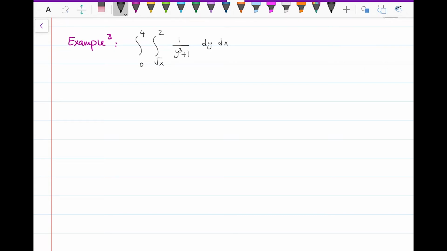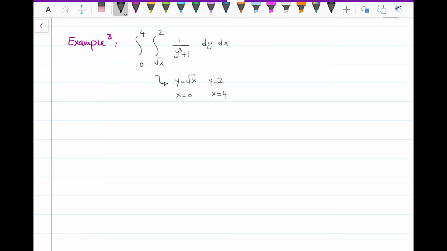Okay, first we need to find the region R. To find that, we're gonna look at here and we see that the inner integral is with respect to y. So it would be y equals square root of x and y equals 2. And then the outer integral is x from 0 to x equals 4.